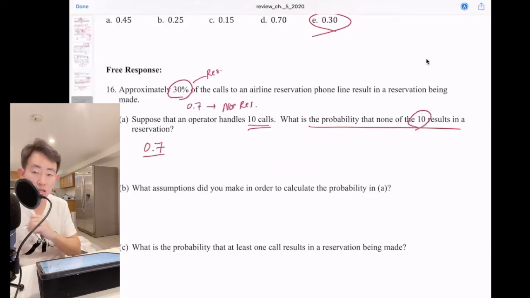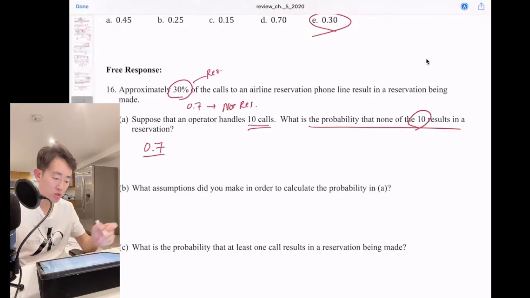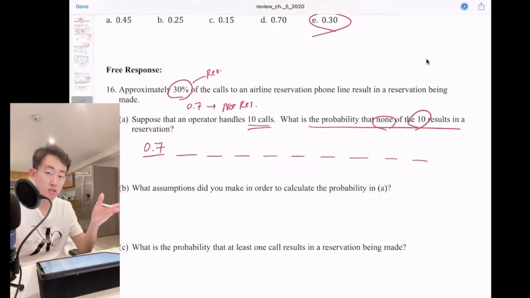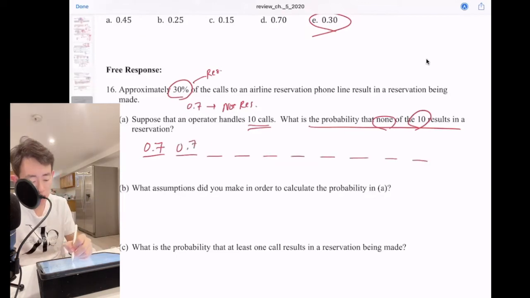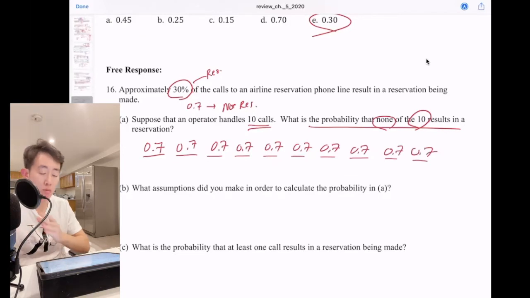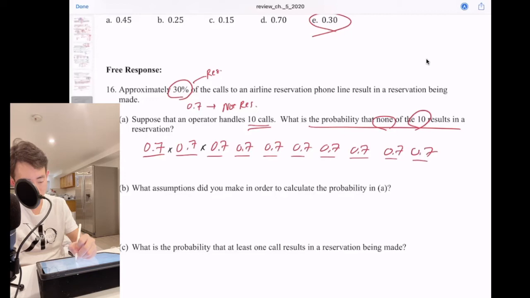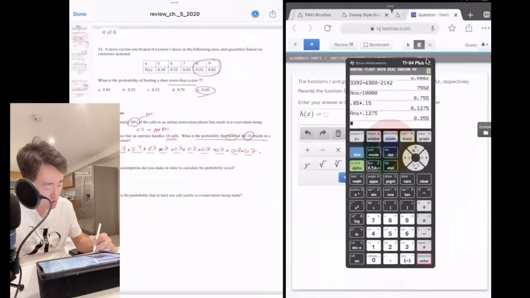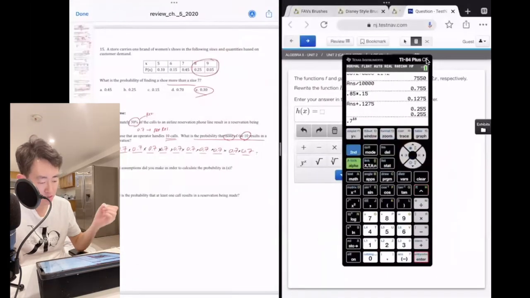But you're doing this 10 times, and none of those calls being for a reservation means all of those calls will be non-reservations. Every single part says 70% chance. Remember, they're all independent events, so you're just going to multiply all of these. Who has the time to sit there and type all of these in? 0.7 raised to the 10th power, yes?